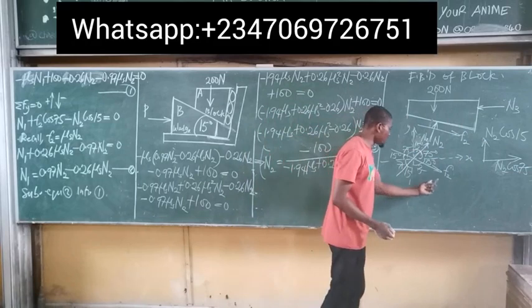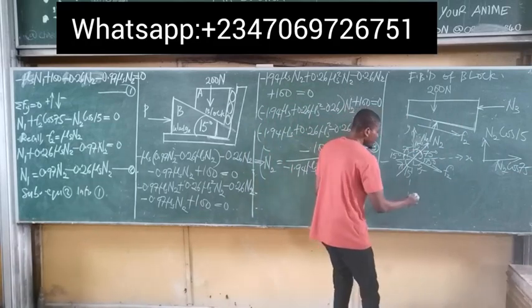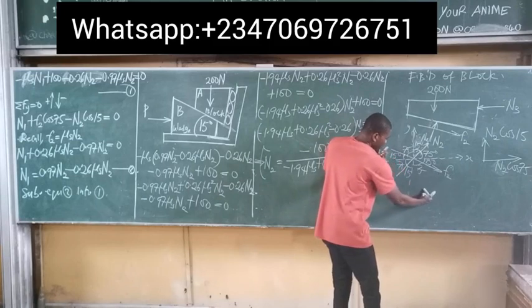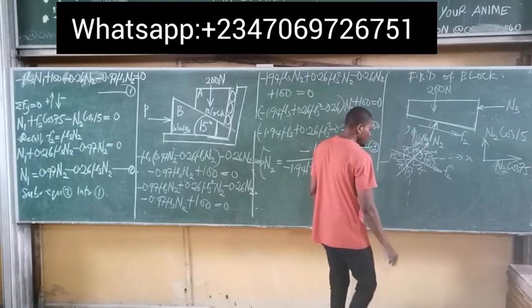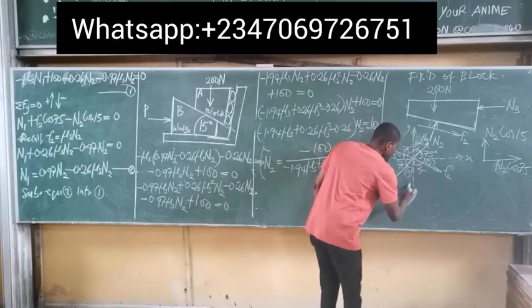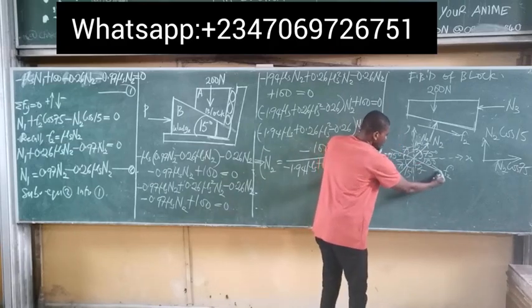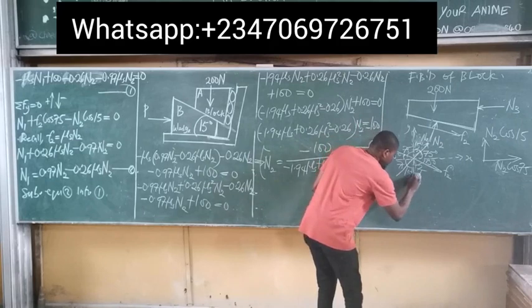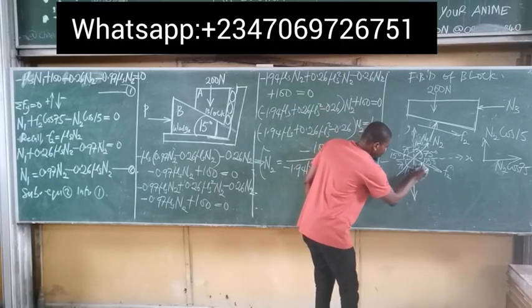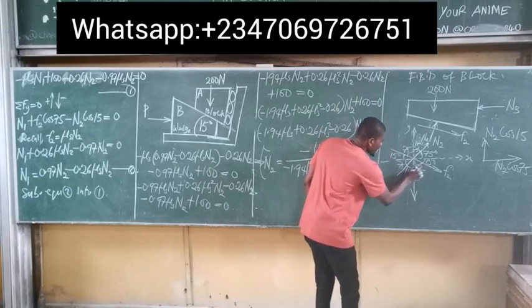Next is to resolve the frictional force F2. If you resolve this force vertically, hold the tip of the arrow of the force, pull the force to the vertical line. Which direction does this force point? You pull this force to the vertical line, this force points downwards. And it passes through this angle, 75 degrees.